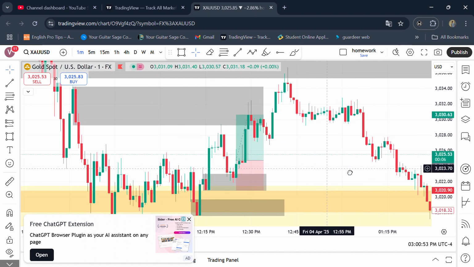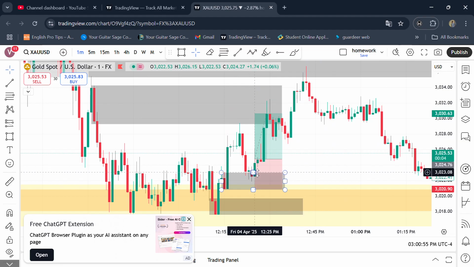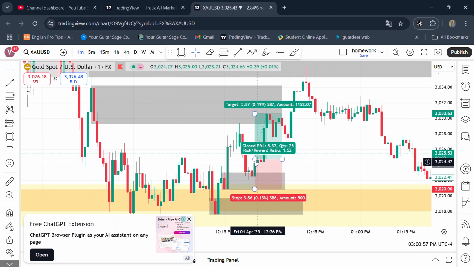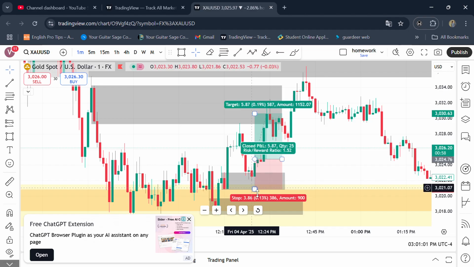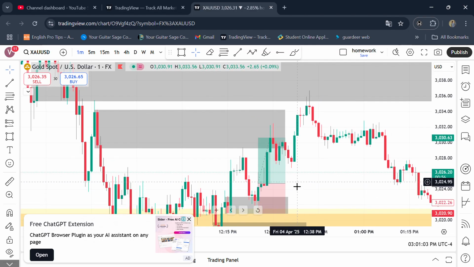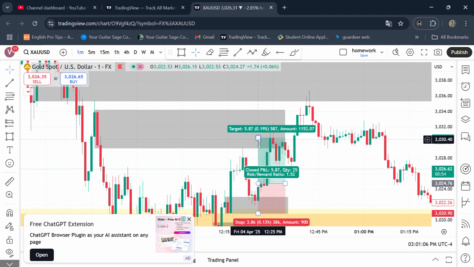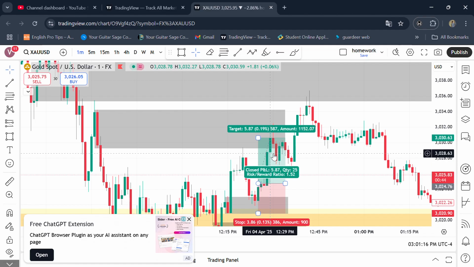But when I saw that price was giving a momentum from here itself, that's when I entered and kept a stop loss exactly below this order block, and I booked 1:5 profit because that's all I wanted for the day, and that's it. That's how today's trades went, and that's how gold moved today.